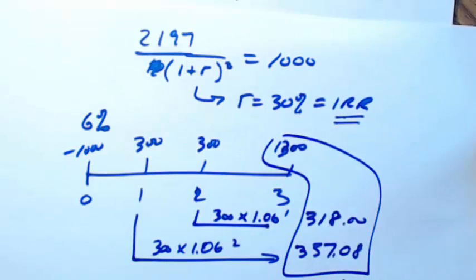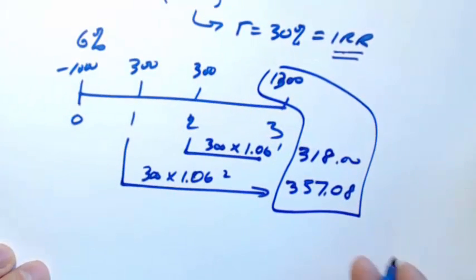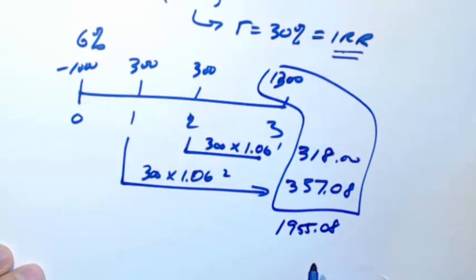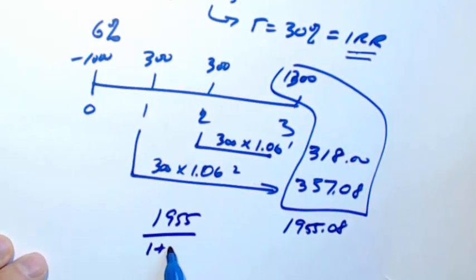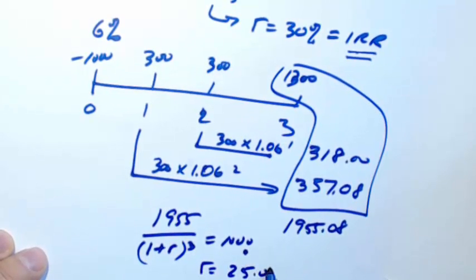So add these numbers up, and you end up getting 1,955.08. And so the interest rate that gets us back to the 1,000 is R equals 25.04%.